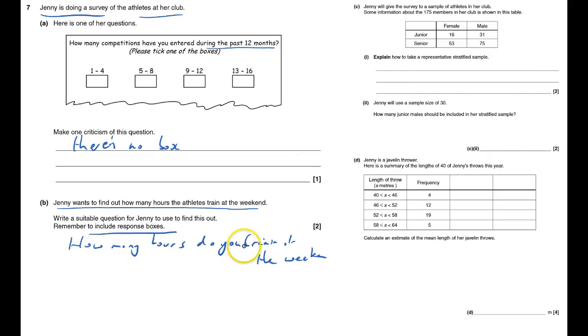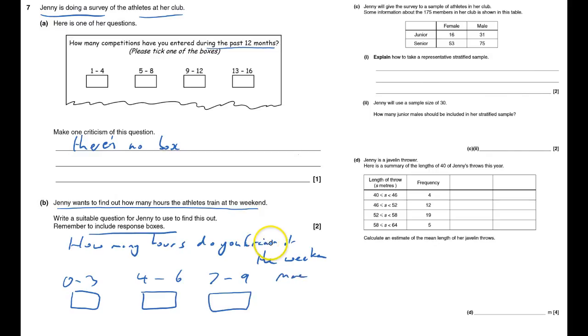You probably want 0 to 3 with a little box, 4 to 6, 7 to 9, and then more than 9. Really need 4 boxes. It must have every single one. You could say how many hours to the nearest hour to make it easier, but that'll do.